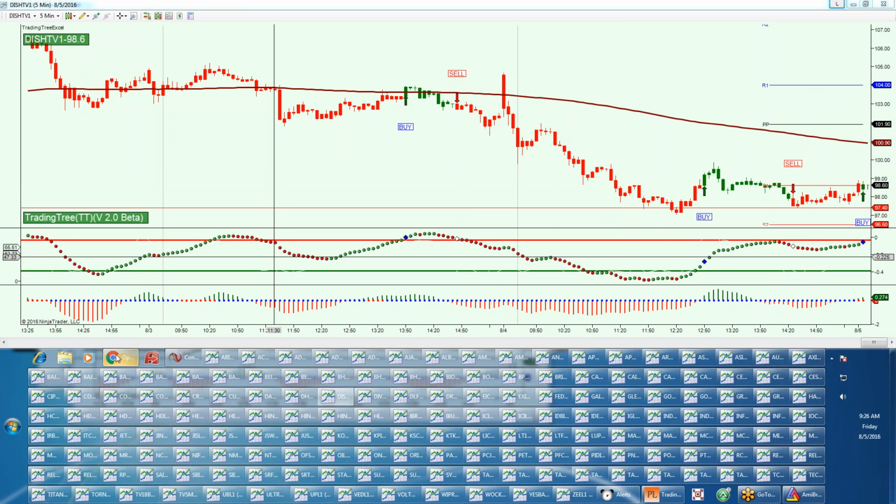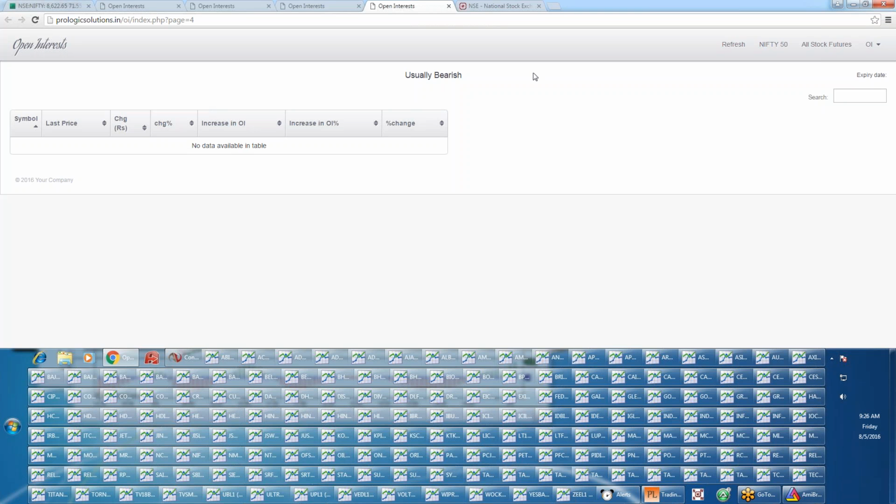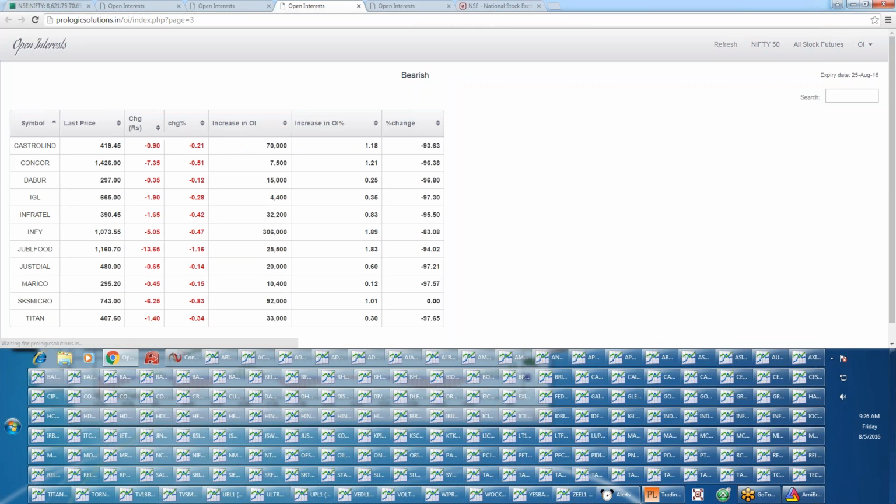So let's just check for the open interest data. So we have the bearish ones, that is Castrol. So you get it this way. So let's see which is the highest open interest, that is Infi, Jubilant Food, Container Corporation.